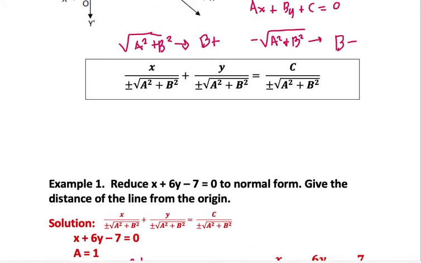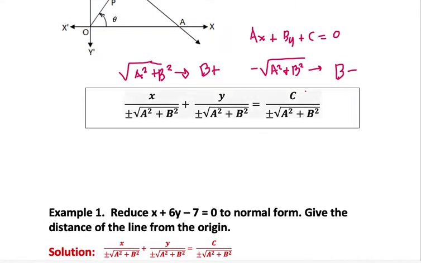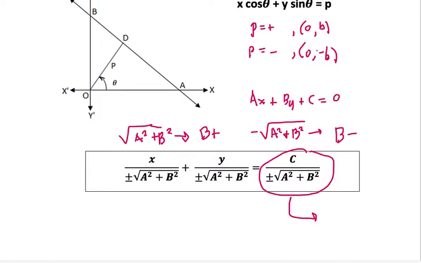Take note also that c over plus or minus the square root of a squared plus b squared is equivalent to the distance of the line from the origin, which is perpendicular. So that is our small letter p.